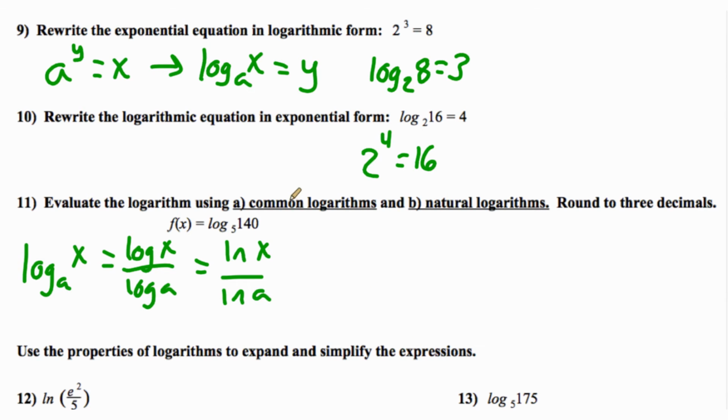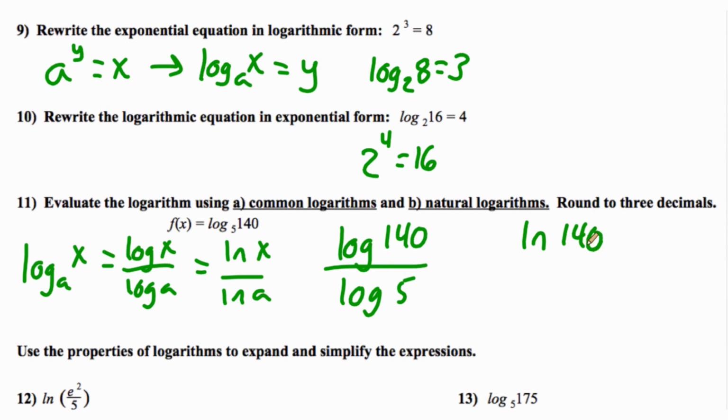So if we were to set this one up using common logarithms, we'd go log of 140 divided by log of 5. And if we were to set this up using natural logs, we'd go natural log of 140 divided by natural log of 5. No matter which way we type this into our calculator, we should get the same exact answer.